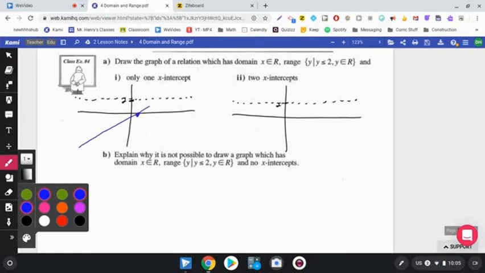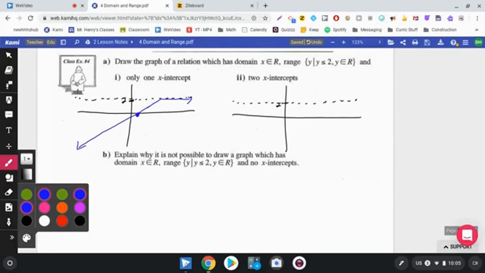That's my one x-intercept. And then it's just going to make a sharp turn. There you go. Right at y is equal to 2. Okay, that's fine. That totally works. I don't know what the equation of that thing would be. It would be two equations, actually. But it works. Okay, it meets both criteria.